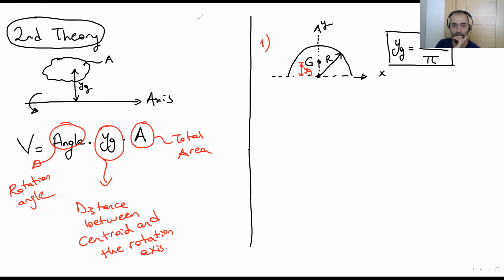Let's have a look at the half circle area. Now I'm going to write the equation for area. Okay. Oops, sorry.